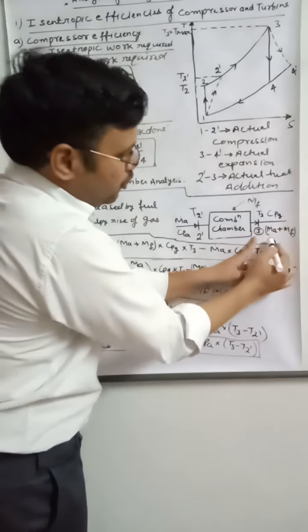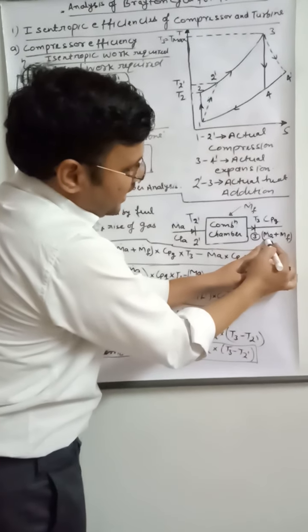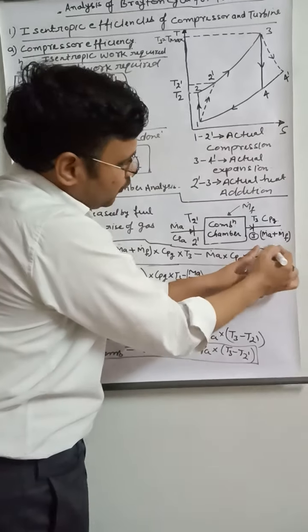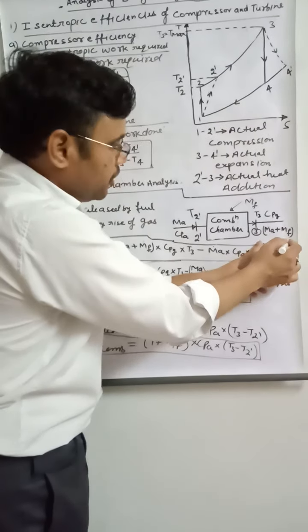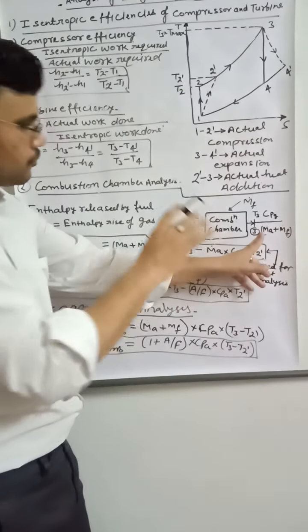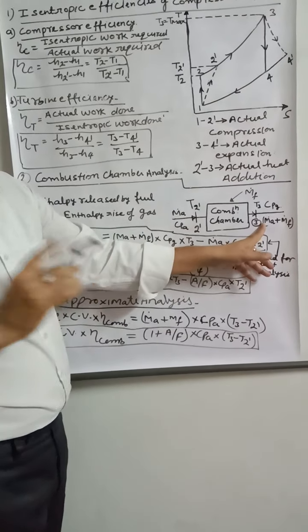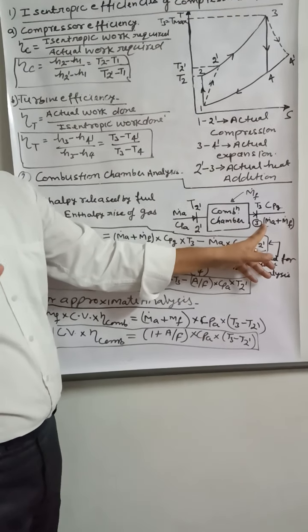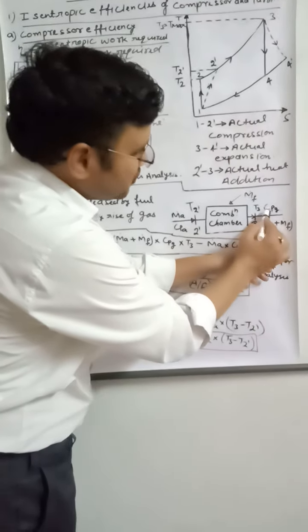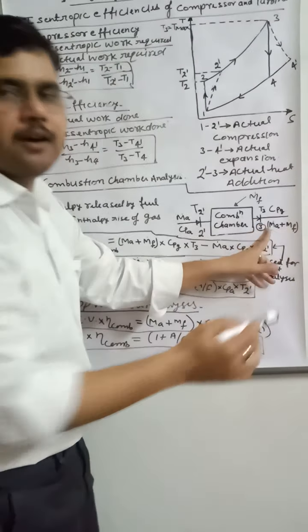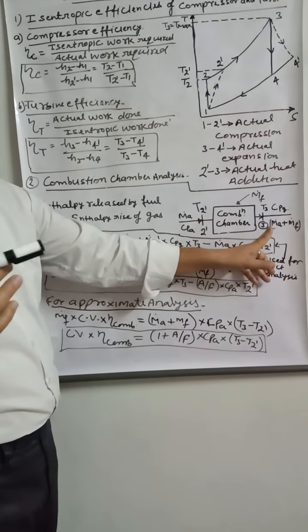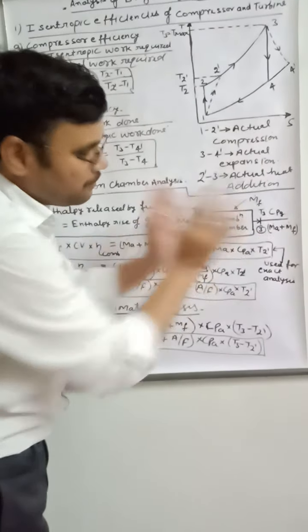Mass of air plus mass of fuel, the total mass of gases: mass flow rate of air plus mass flow rate of fuel. And also the assumption was that Cp is constant throughout the process, but not in actual. So let Cpg be the specific heat at constant pressure for the combustion products.